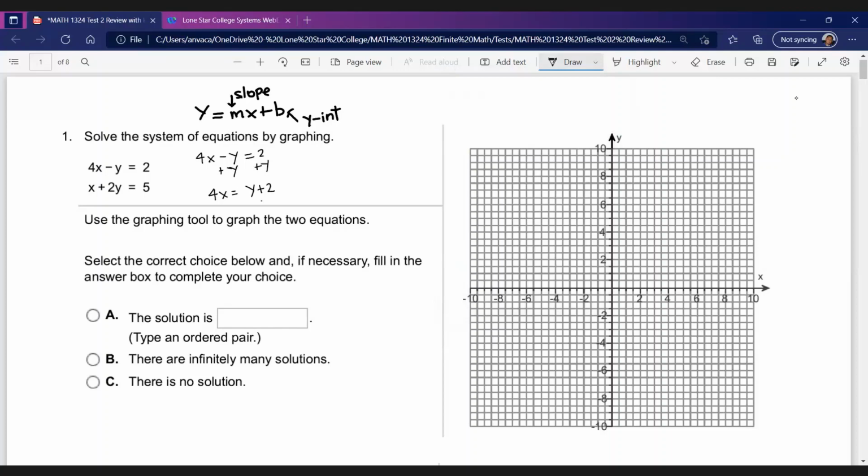I'm going to move this 2 out of the way so that the variable y is by itself. So we have 4x minus 2 is equal to y, or just y is equal to 4x minus 2. This 4 would be the slope, and negative 2 will be the y-intercept.